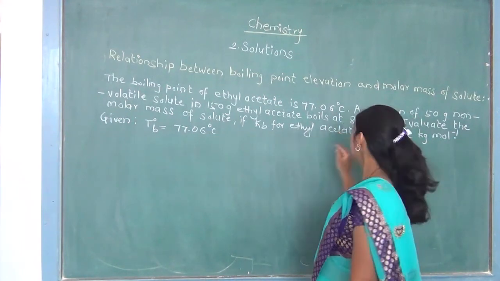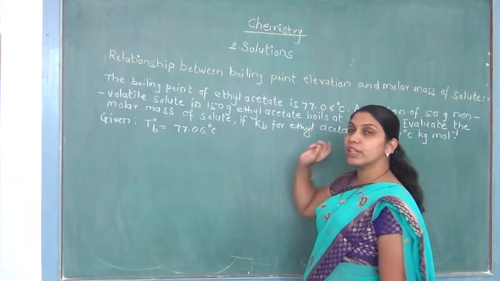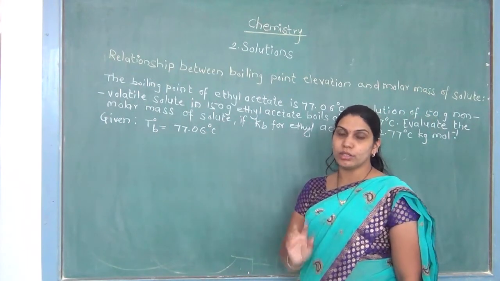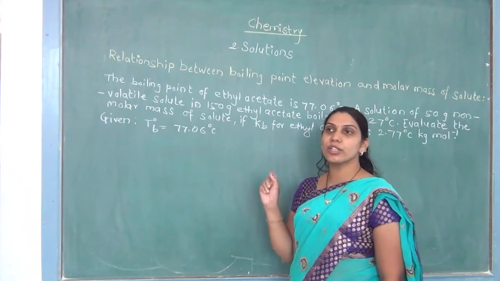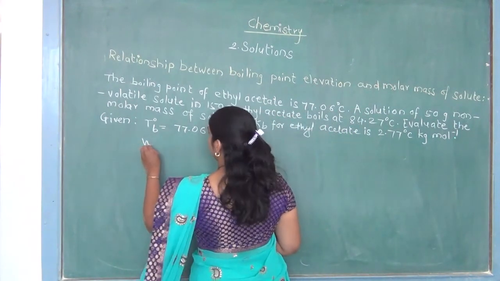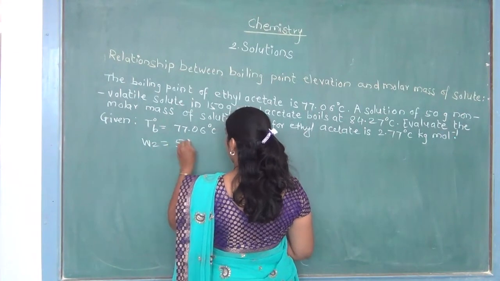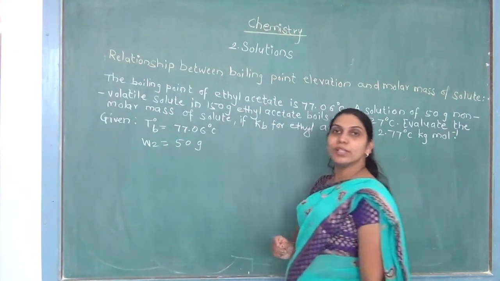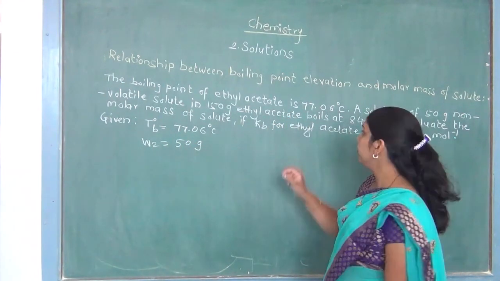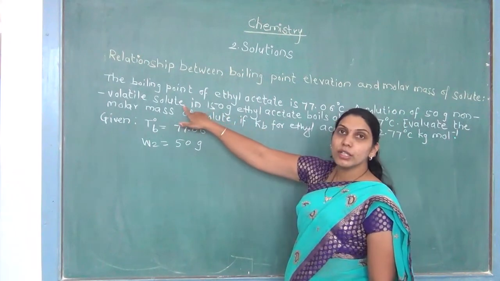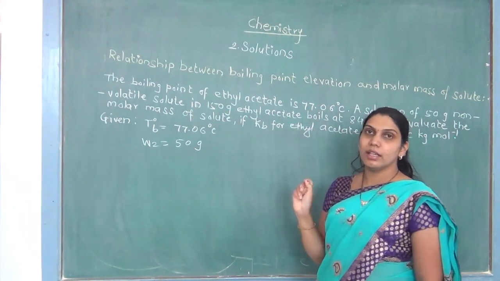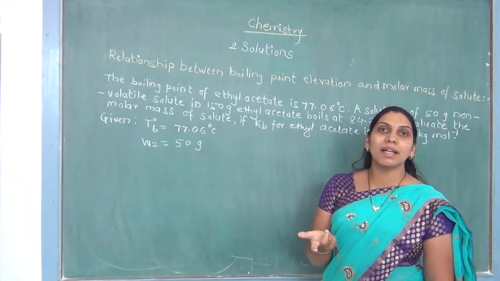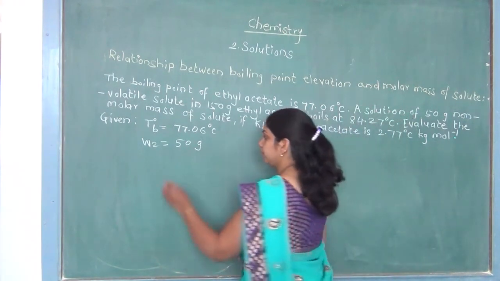Further, what is given? A solution of 50 gram of non-volatile solute. That means the mass of solute is given. Mass of solute is denoted by W2. W2 is equal to 50 gram. This solute is dissolved in 150 gram of ethyl acetate. Hence, 150 is the mass of the solvent.